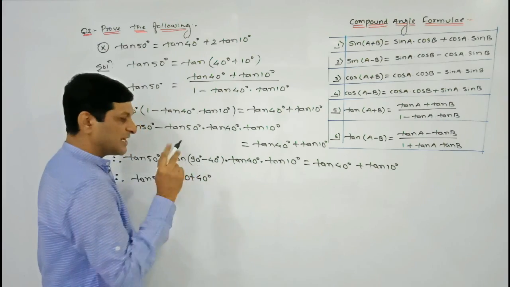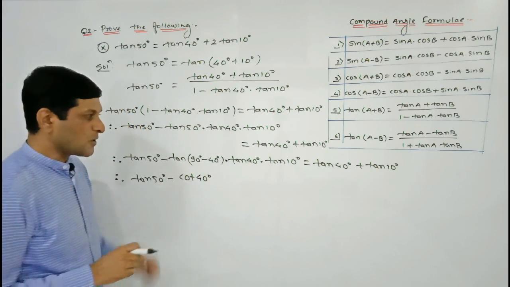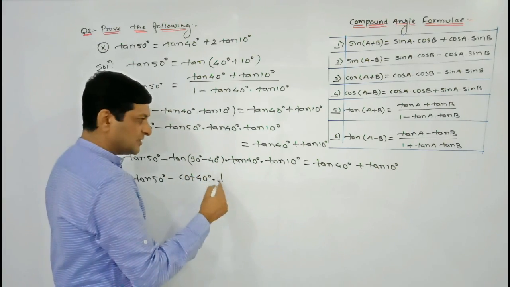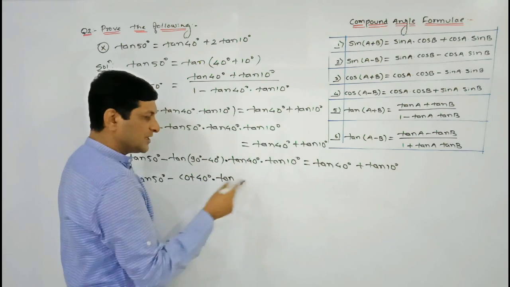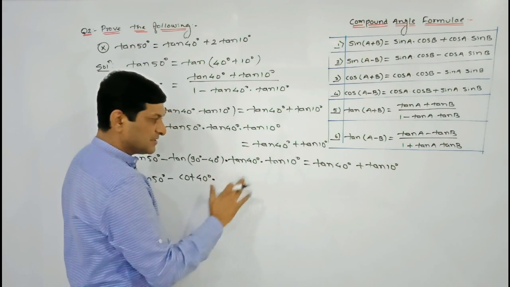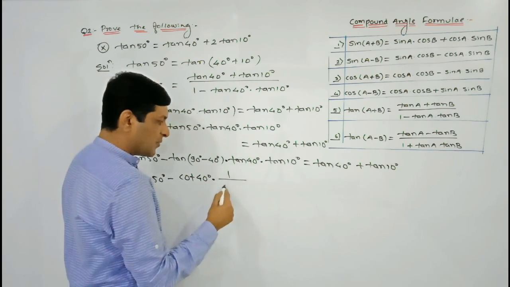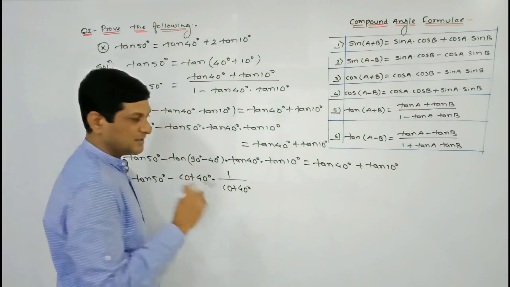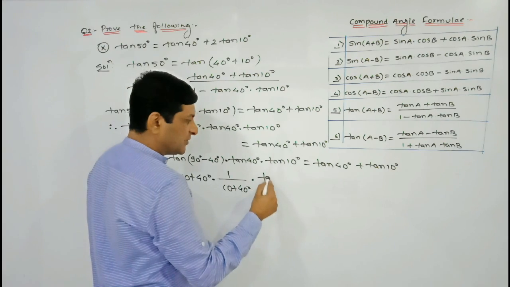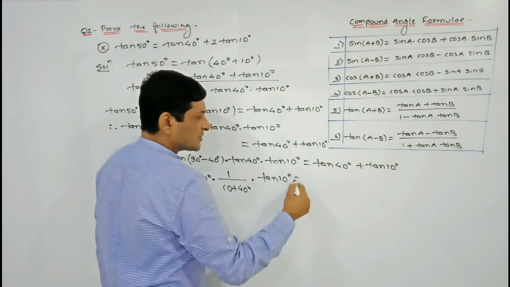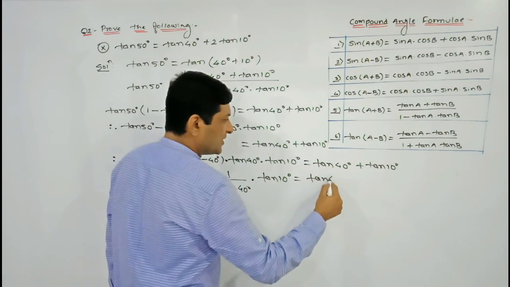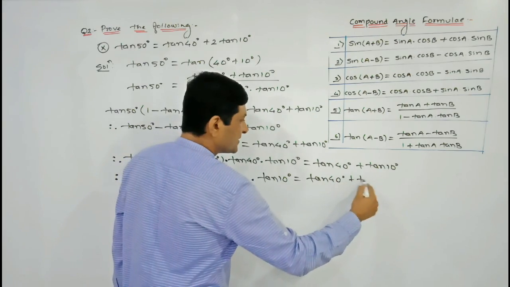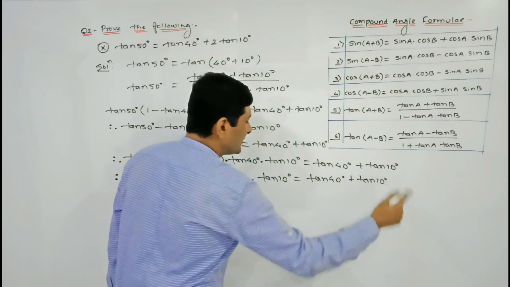So tan 90 minus theta will be equal to cot theta. Keep the remaining term as it is into tan 40. Parallelly, I am replacing this tan 40 by 1 upon cot 40, because tan can be written as what? 1 upon cot, using the interrelation between trigonometric ratios. So on this side, tan 40 degrees plus tan 10 degrees, keep it as it is.